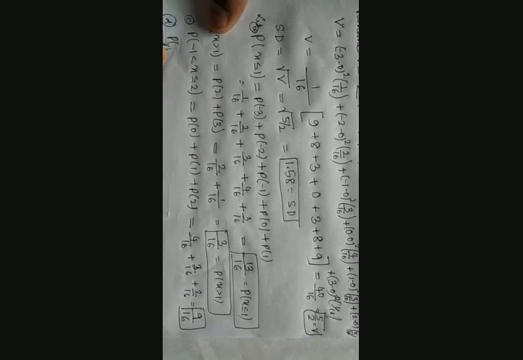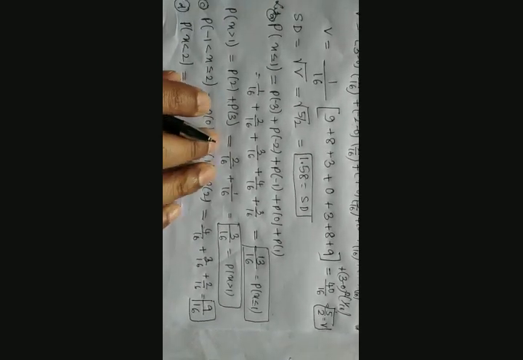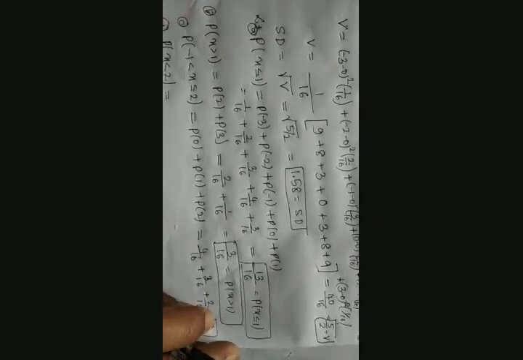Is 2 included or excluded? Excluded. Means except these two, we have to take the addition of all these probability values. But I'll try to take it in a different manner. From here to here means we need to add all these 5 results. I may feel it is a little bit lengthy.